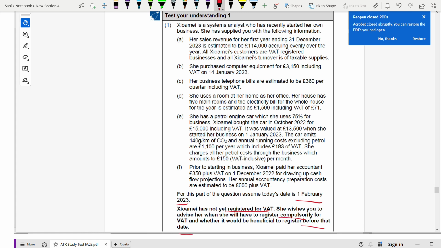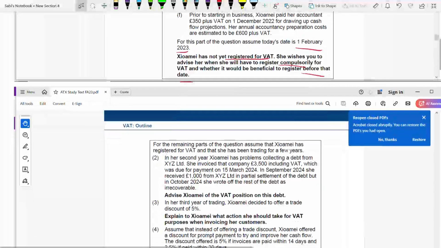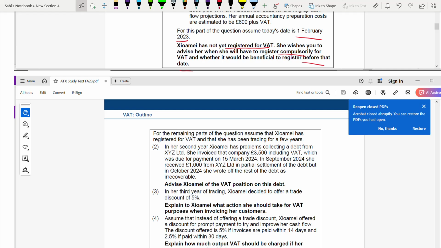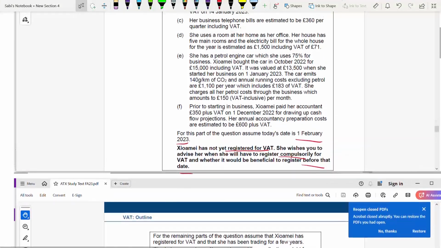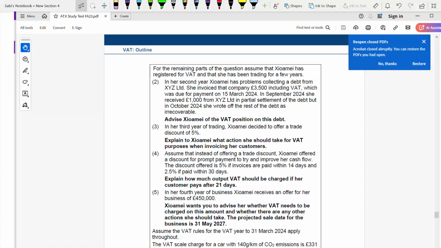So you have been given A to F. Now, with that, you have been given some more information. So for the remaining part of the question, assuming that Xiaomi has registered for VAT and that she has been trading for a few years.